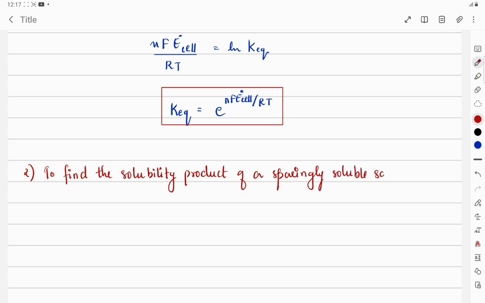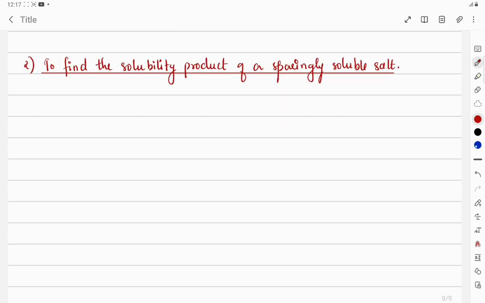So the next question is, what is a sparingly soluble salt? Sparingly means very slightly. So a sparingly soluble salt means it is almost insoluble. Only a very small amount is soluble. So let's take an example.